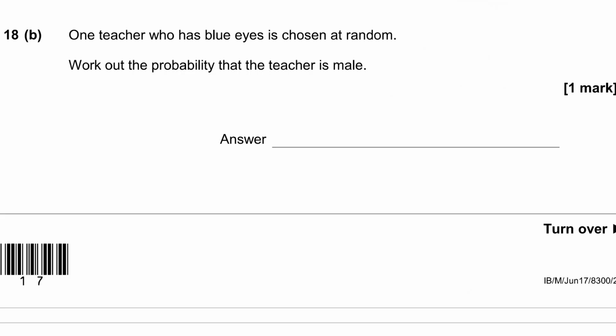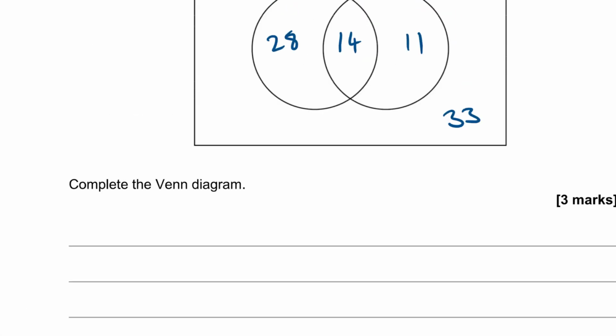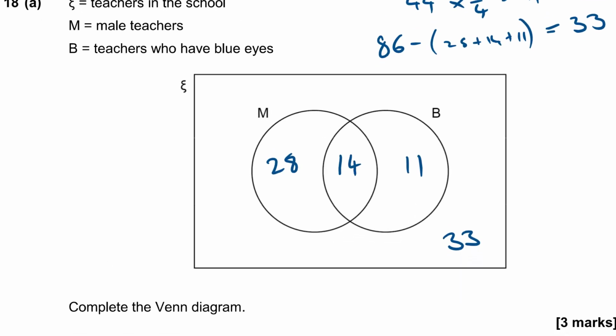Part B says one teacher who has blue eyes is chosen at random. Work out the probability that the teacher is male. So we want the probability that the teacher is male given that they have blue eyes. In other words, if we know that the teacher is in this group, what is the probability then that they are here?